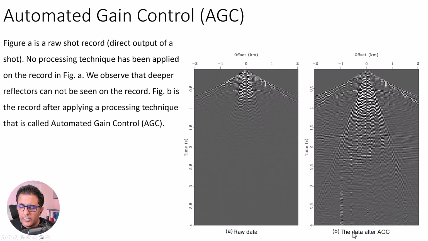Figure B is the same shot record, but after applying a processing step called automated gain control, or AGC. As you see here, after applying AGC, we can see seismic energy even at the end of the seismic shot record. So it means that we have been able to amplify the energy of low energy events.